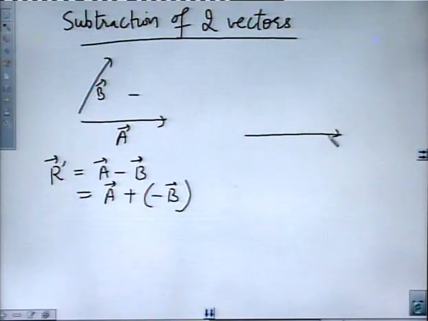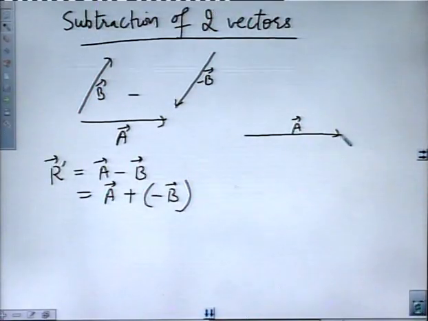Suppose firstly we take the A vector. Negative of B vector is the vector opposite in direction to the B vector but having the same magnitude. Now complete the parallelogram by taking A vector and minus of B vector.